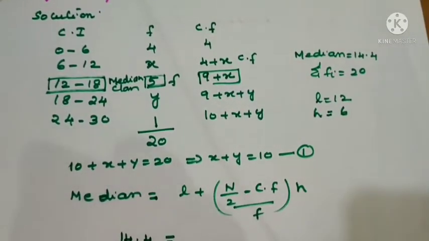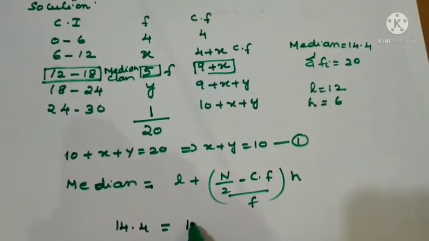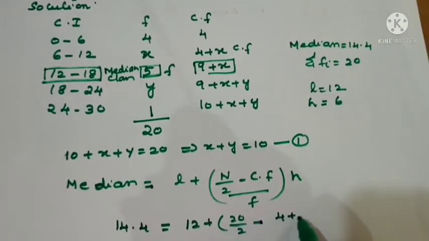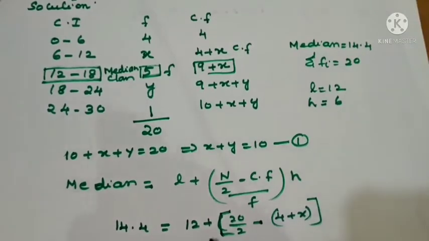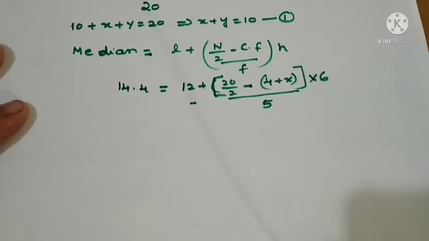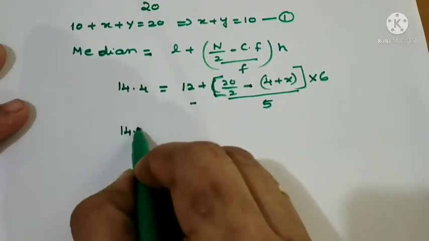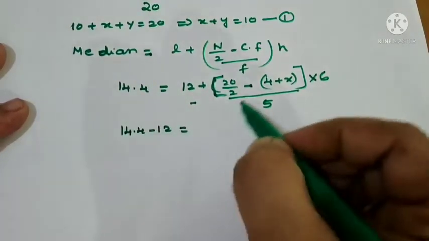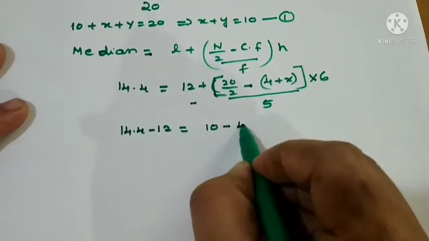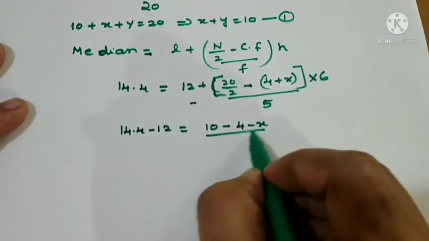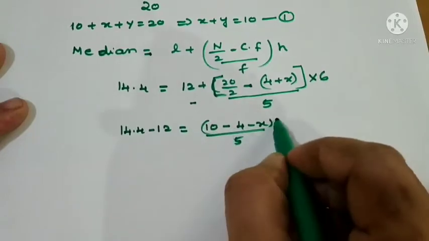14.4 equal to, what is the L? 12, plus 20 by 2 minus 4 plus x. So I'll make it a square bracket here, then it will be easy for you. Divided by f, which is 5, and the class width h equal to 6 only. So 14.4 minus 12 equal to 10 minus 4 minus x divided by 5 into 6.